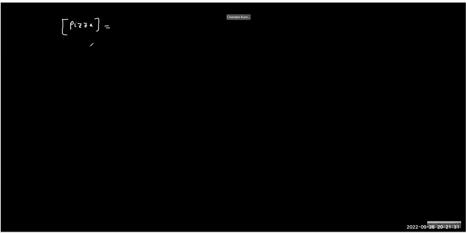Cylinder. Volume of cylinder, right? Yes. So this is the volume of a cylinder of radius r and height a. This is basically pi r square a, isn't it?